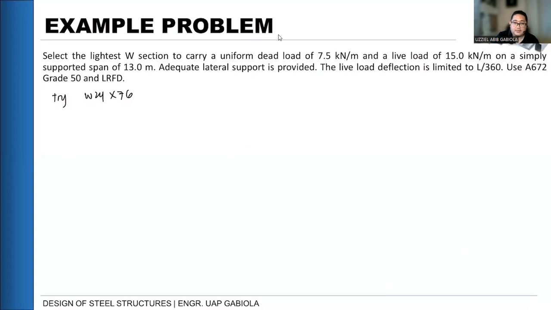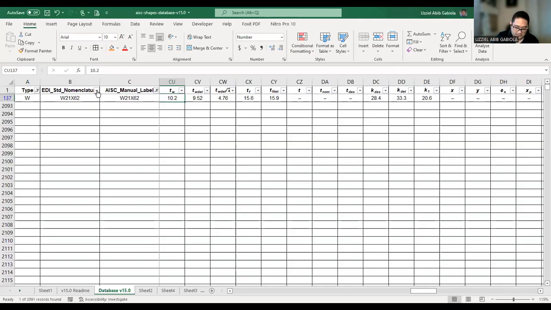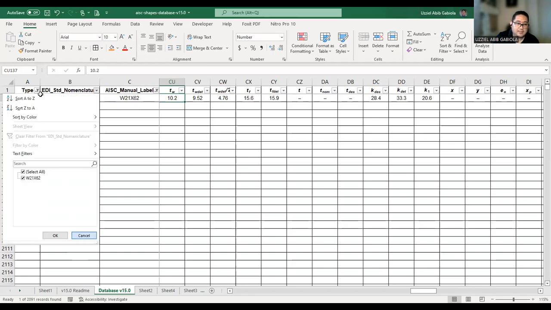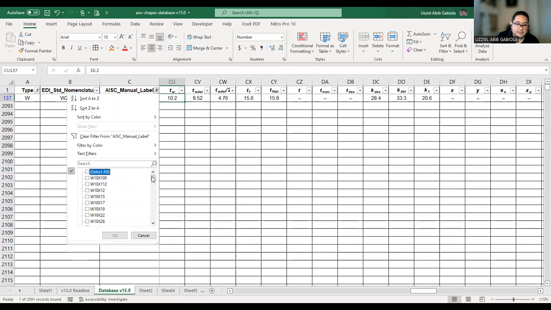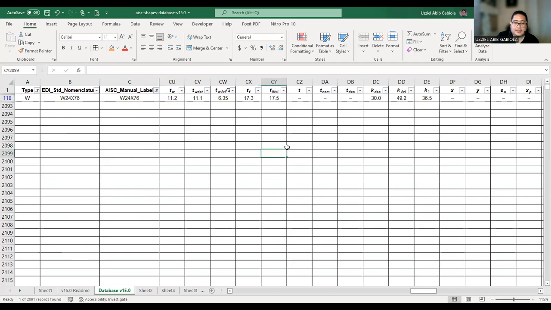So, kunin lang natin yung length, yung lahat ng parameters na kailangan natin. So, babaguhin natin to. Gagawin natin 24 by 76, no? So, 24 by 76. Okay, so ito yung 24 by 76.